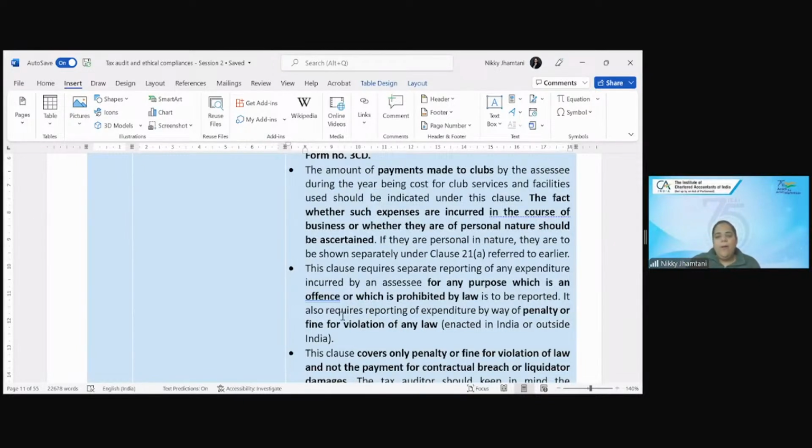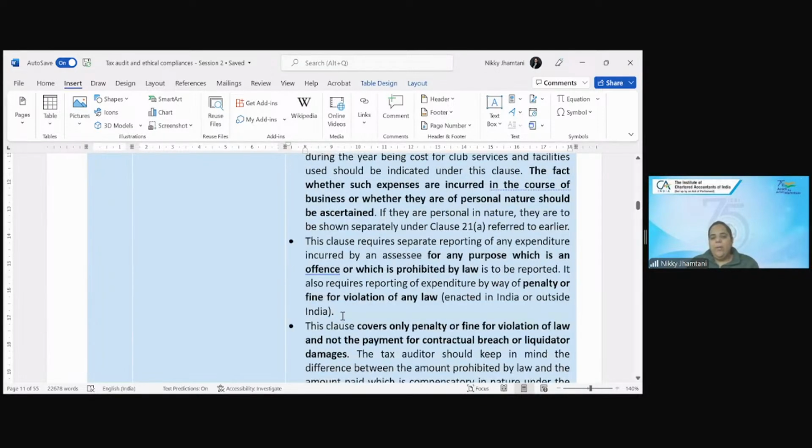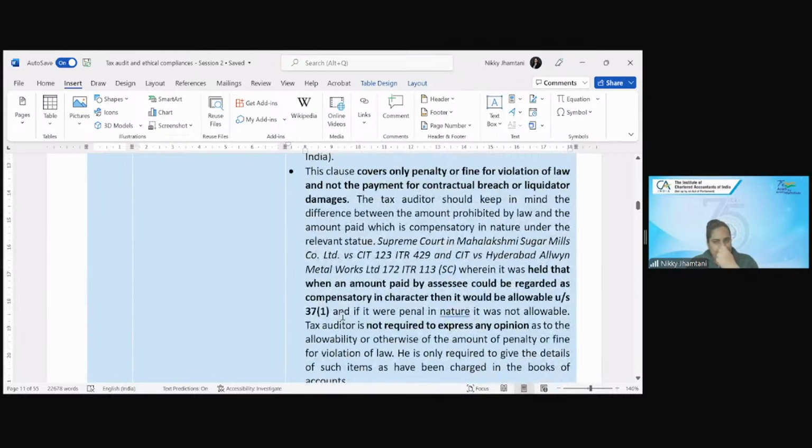It also requires reporting of expenditure by way of penalty or fine for violation of any law enacted in India or outside India. This clause covers only penalty or fine for violation of law and not the payment for contractual breach or liquidated damages. The tax auditor should keep in mind the difference between the amount prohibited by law and the amount paid, which is compensatory in nature under the relevant statute.